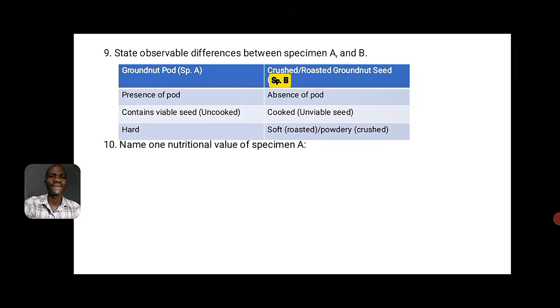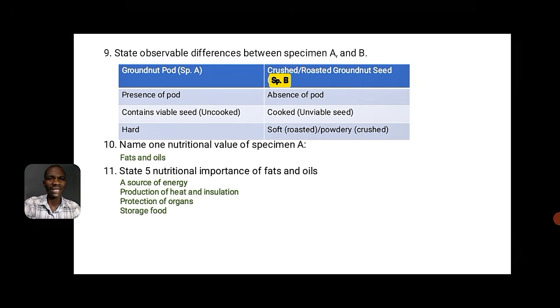Then number 10, name one nutritional value of specimen A. So we have fat and oil, and fat and oil are also referred to as lipids. Number 11, state 5 nutritional importance of fat and oil or lipids.